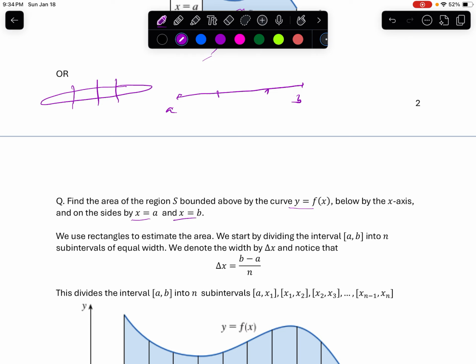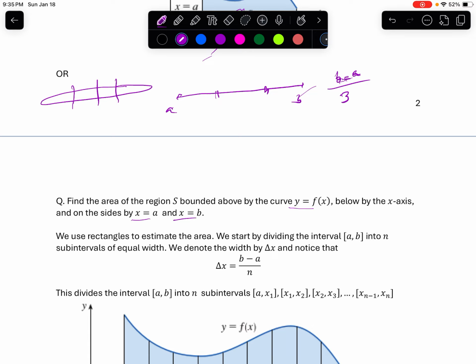So 2 cuts create three subintervals. Whatever the length is, I divide it by the number of intervals we have to create. So if I want 3, I'll say b minus a over 3.